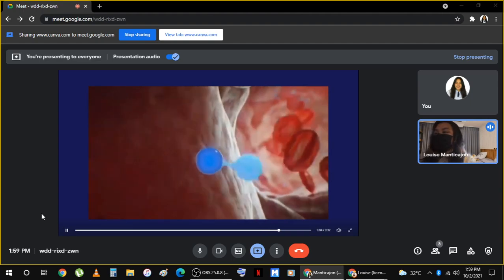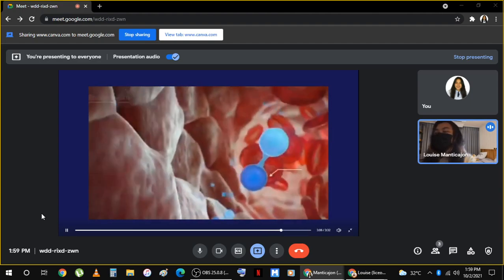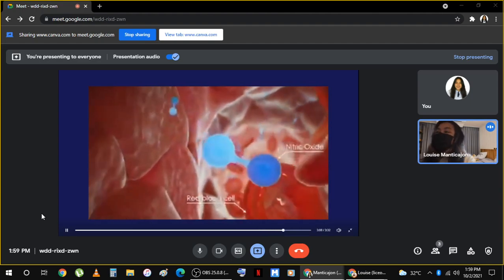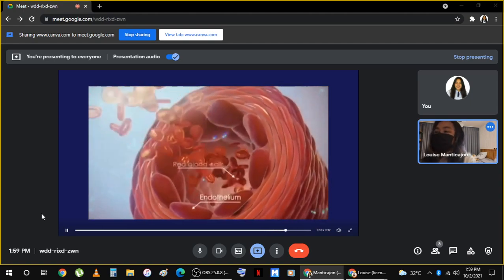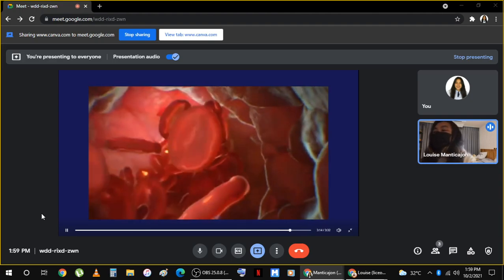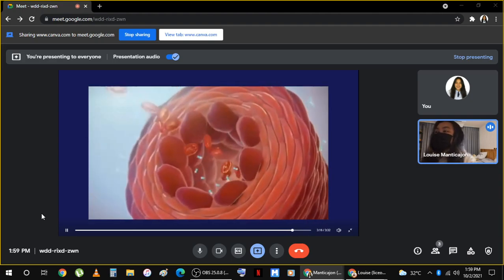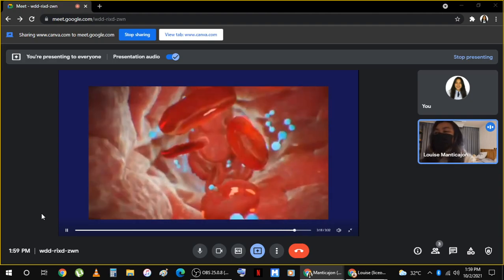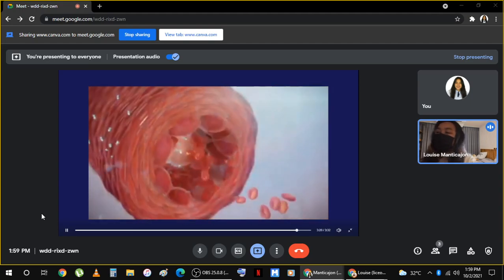And the last example is the regulation of nitrogen monoxide in our cardiovascular system. Nitrogen monoxide is a messenger molecule that informs the blood vessels to widen or dilate, and to contract or relax like an elastic band.